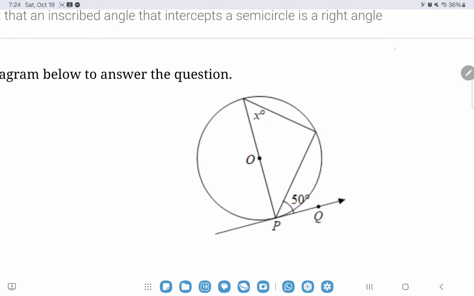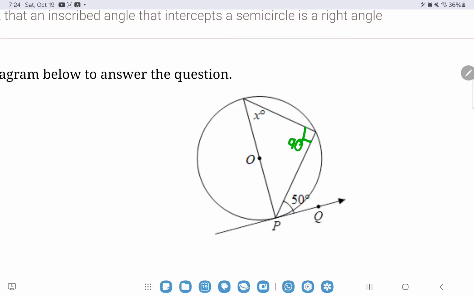Anyways, so this and this are intercepting the same arc, which is this one. So if this is 50, this is 2 times 50, this is 100, this would be 50, because they're intercepting the same arc. Another way you could do this is by doing this. So this is the diameter, so this would be 90.